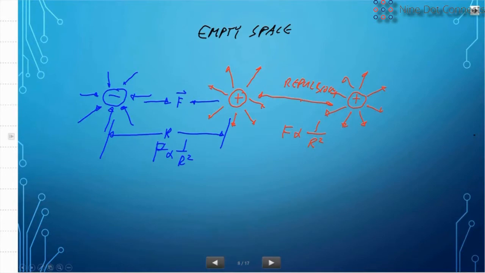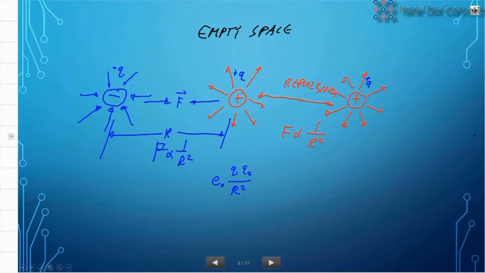Really, we have to talk about the charge on each particle. There's a negative charge on the electron, and a positive charge on the proton. So we end up with basically an epsilon naught and a Q1, Q2. The product of the charges goes in there, and there's an r squared. So there are other things that come into play.